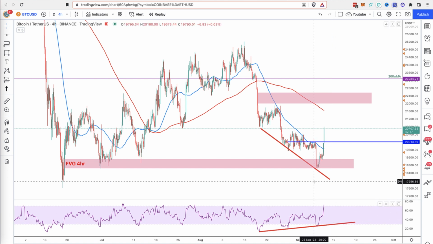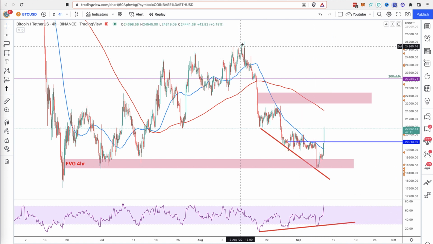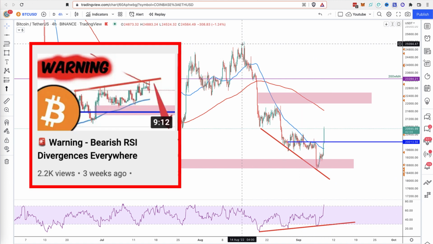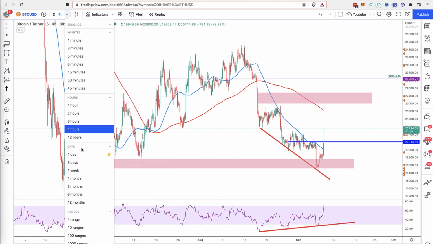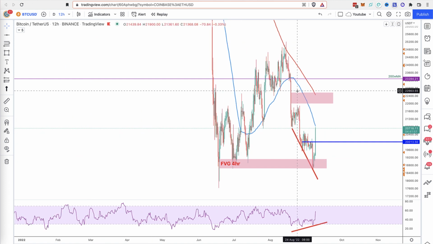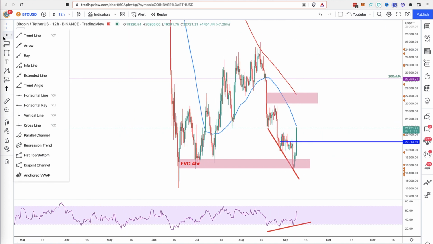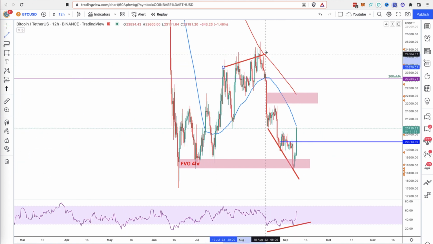Now, if you remember, I actually made a video on the channel, which I will link to down below or up here, a couple of weeks ago in middle August, where this pattern, if you go on the 12-hourly chart, let me change that for you. If you change this to 12-hour, this exact pattern showed a negative RSI divergence here while it was making higher highs.